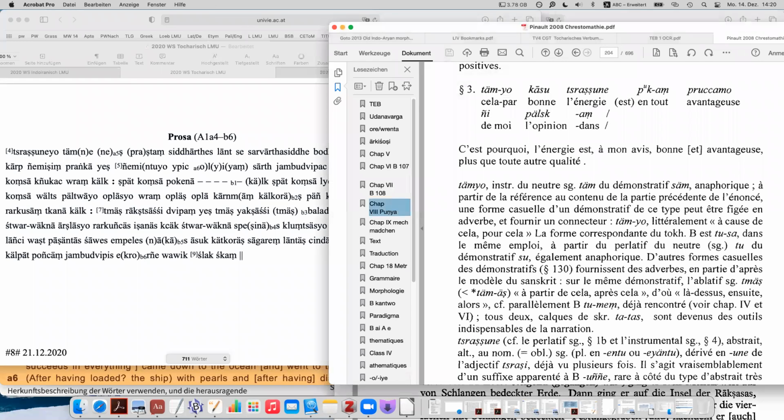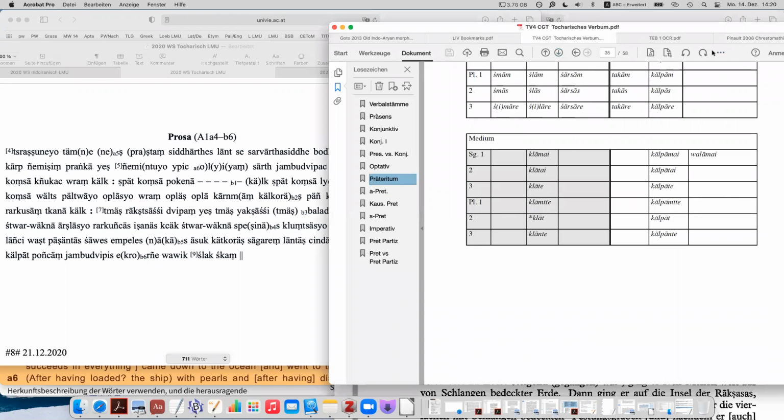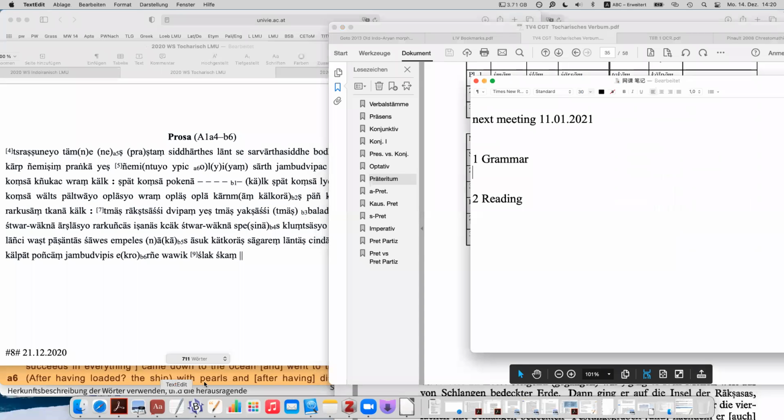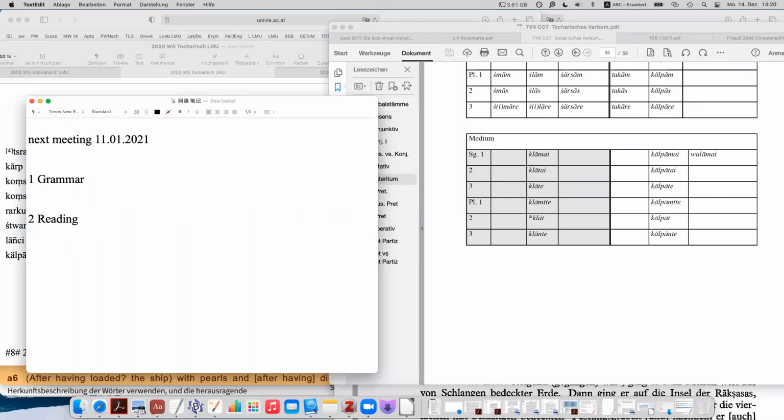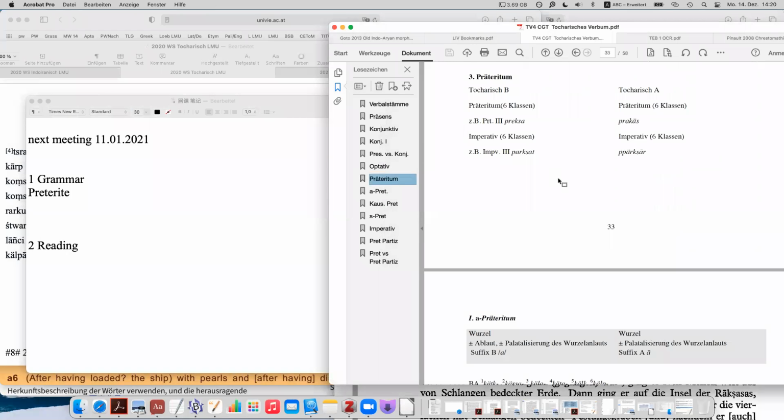So I think we can talk about the verbs this time. Previously we talked about the nouns, the present and also the subjunctives. And now we can probably talk about the preterite. So we talk about the Tocharian preterite.